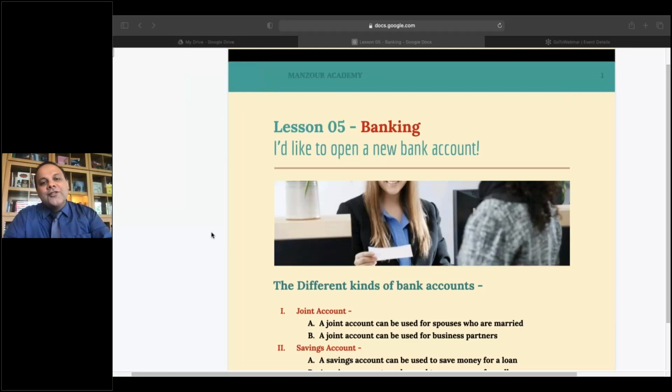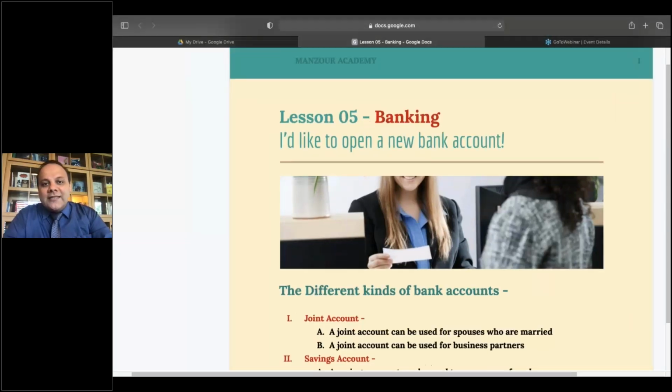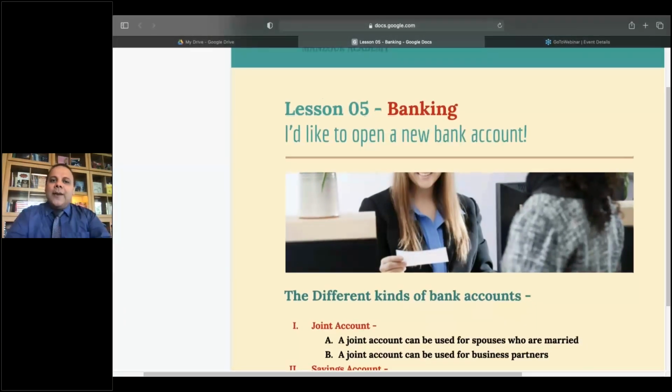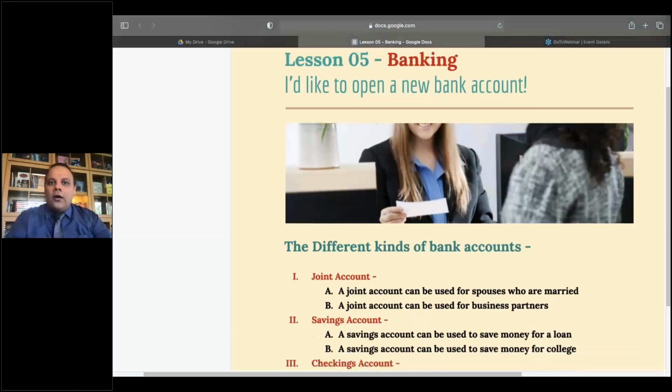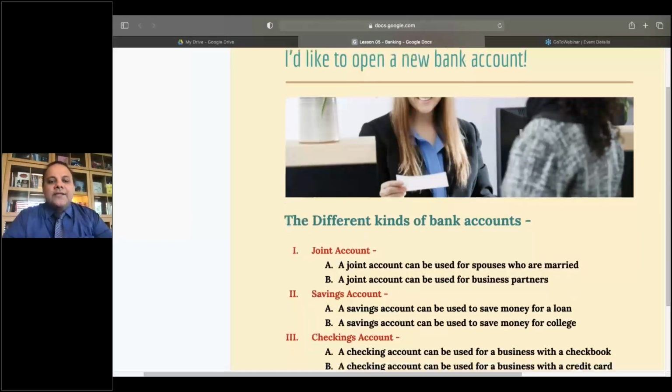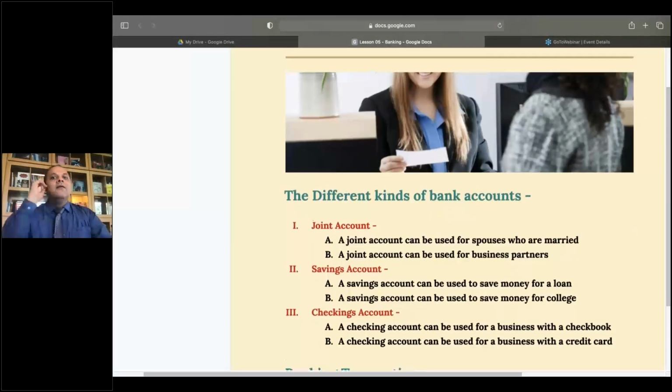Now, the first thing you need to understand about opening a bank account is that the first time you go to the bank, you want to open a bank account, right? So you say, "Good morning, sir. I'd like to open a new bank account." Perfect. What are the three types of bank accounts?